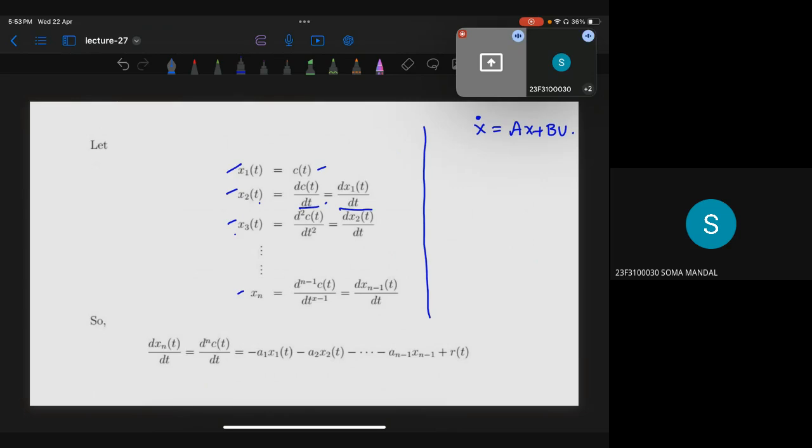Then x3 is the second derivative of the output, which is the first derivative of x2. In that way I'll write, but the last one is this.